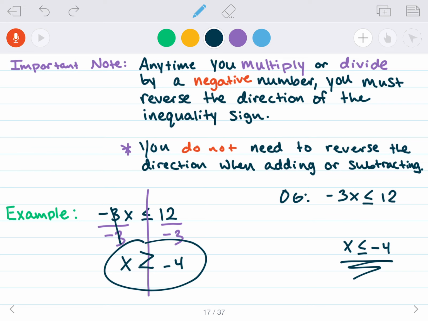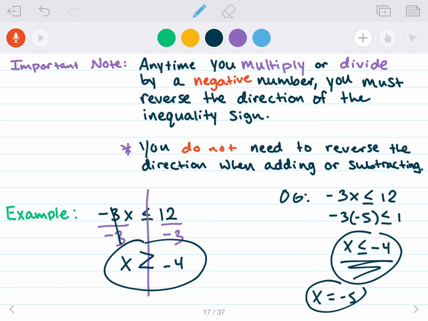Consider x equals negative 5. That's in this set, right? It's smaller than or equal to negative 4. So if we plug in negative 5 into the original equation, we get negative 3 times negative 5 less than or equal to 12. We get 15 is less than or equal to 12, which is not true. That is not a true statement. So that's what causes the issue there.